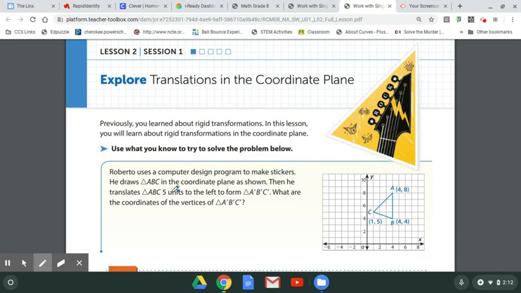Okay, so let's look at this. He translates triangle ABC 5 units to the left to form a new image. Okay, so we take each point and we go 5 to the left. And there would be A prime.